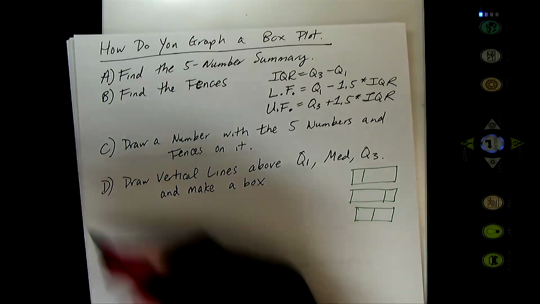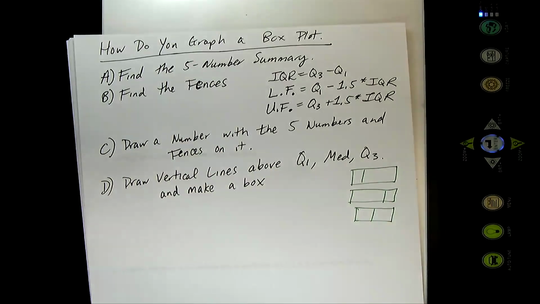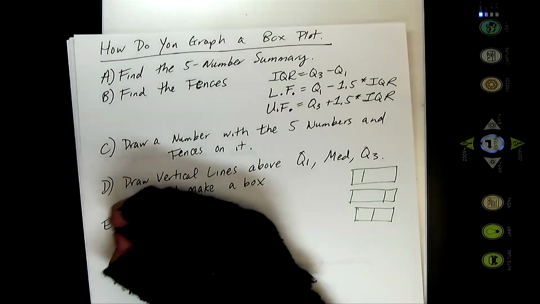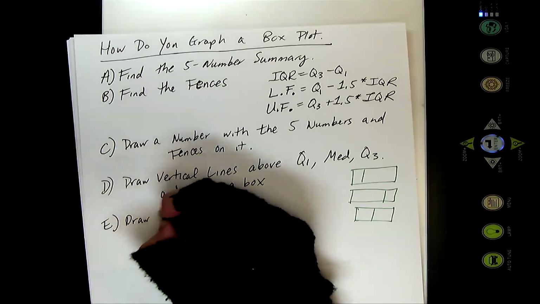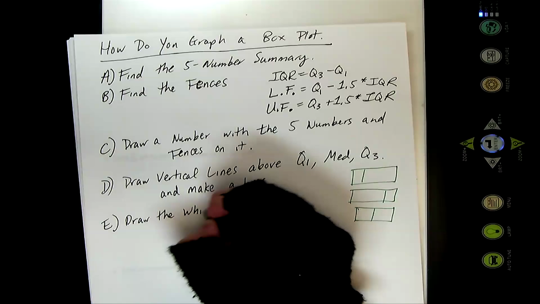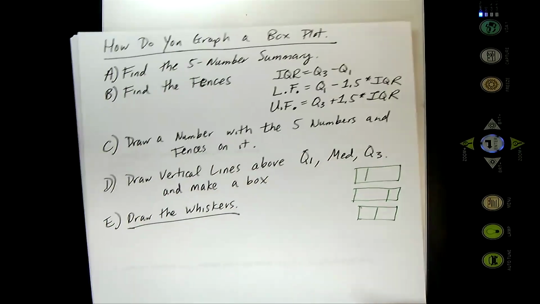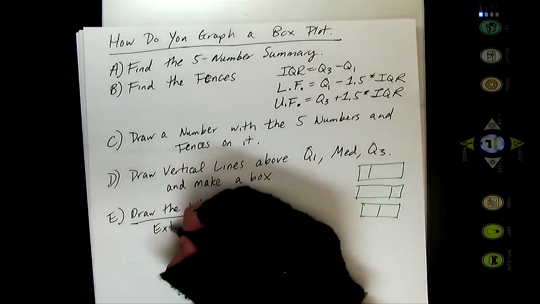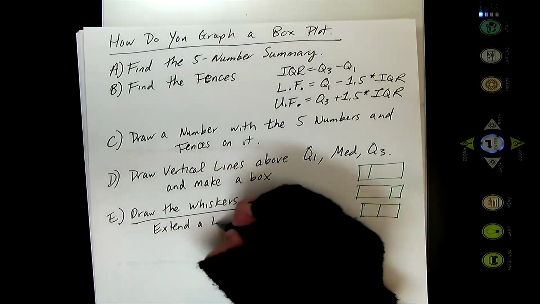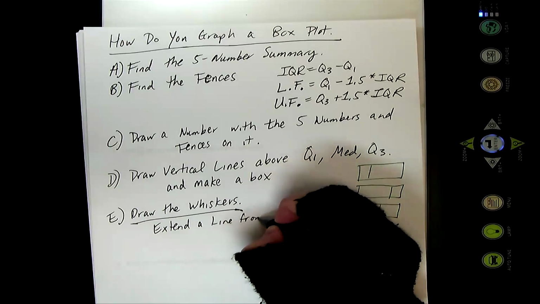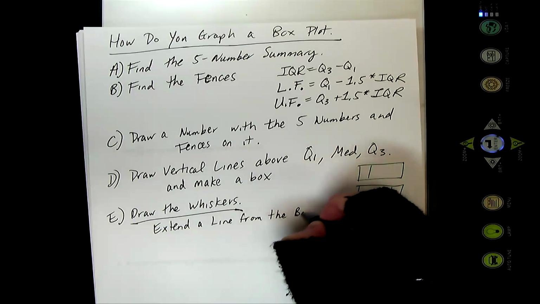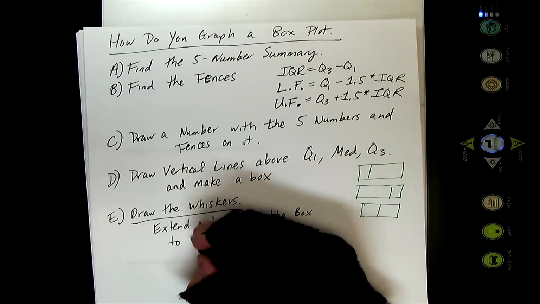Then we have something called the whiskers. Draw the whiskers. How do we do that? We extend a line from the box to the 2 fences.